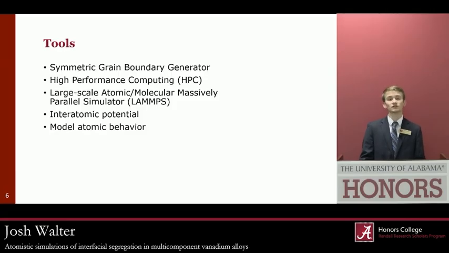Then we're using the Large-scale Atomic/Molecular Massively Parallel Simulator, or LAMMPS code. And this is what controls the behavior of the atoms. There are interatomic potentials that control how the atoms will interact with each other, what type of forces they'll experience. And this allows us to model the atomic behavior inside our grain boundary structure file.